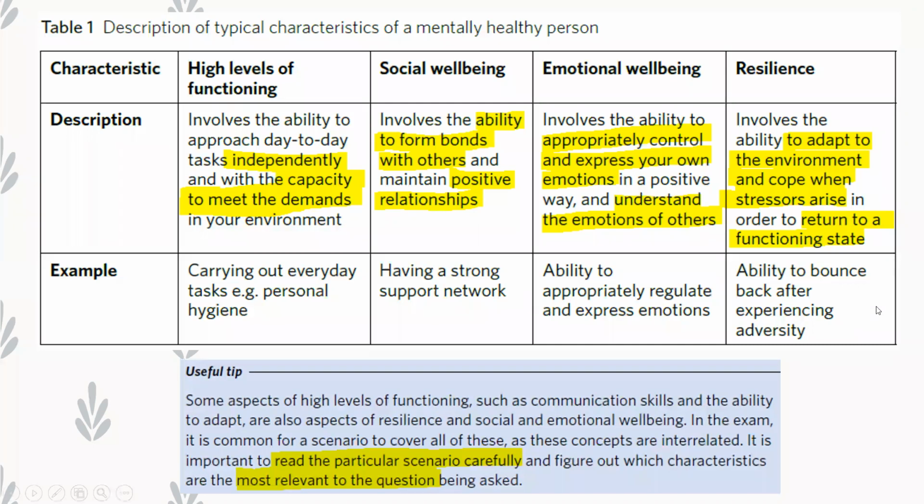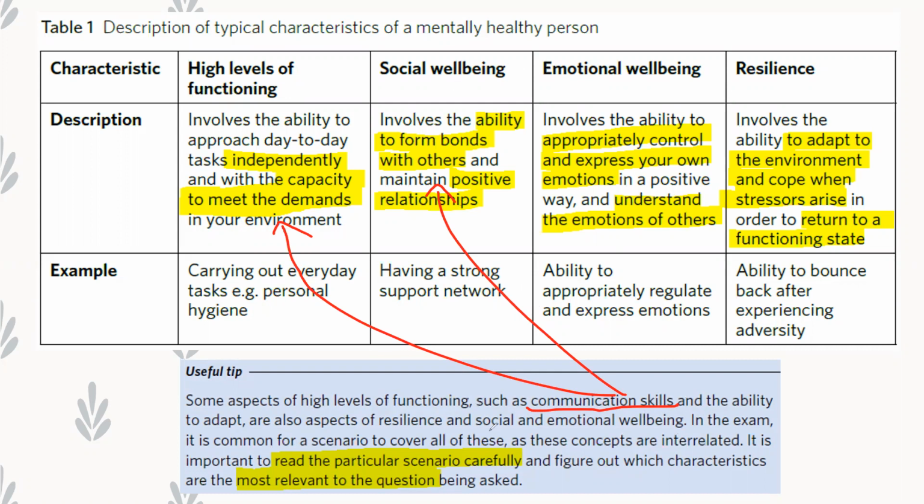Okay. And this is just a useful tip from your book, just telling you the importance of reading the particular scenario carefully. Because some characteristics, like, for example, communication skills or being able to communicate well with others can be, for example, seen as a source of social well-being, as well as a high level of functioning. So sometimes you've got one characteristic that applies to two or more of these headings.